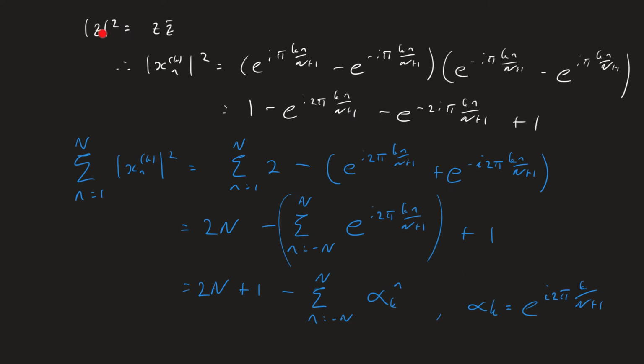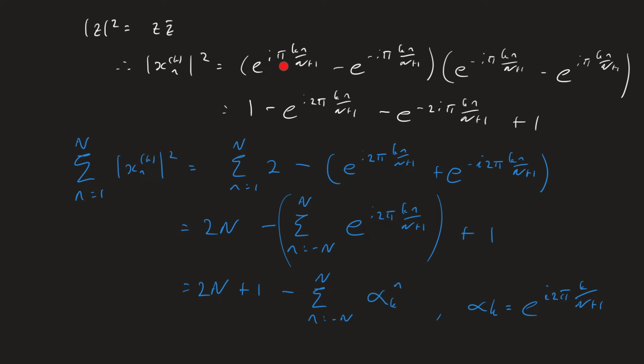The magnitude squared of a complex number is simply that number multiplied by its complex conjugate. The magnitude squared of xnk is therefore given by xnk multiplied by its complex conjugate. To take the complex conjugate of a complex exponential, we simply need to introduce a negative sign in front of the i for both these terms here because of the special form it has.